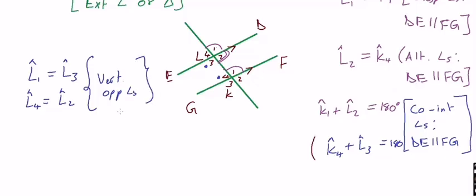This one has nothing to do with parallel lines, so we are not stating anything about parallel lines. Similarly, we have K3 being equal to K1. I'm guessing that you already guessed that. And also K2 being equal to K4. The reason is the same. It's vertically opposite angles.